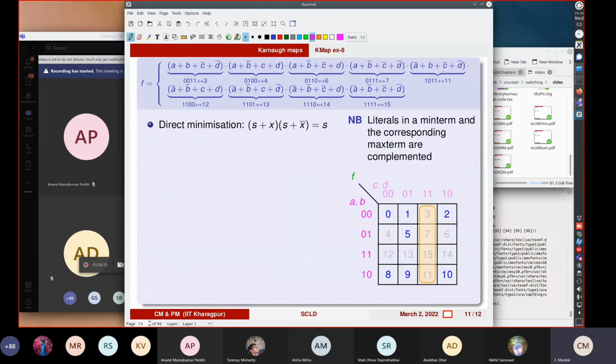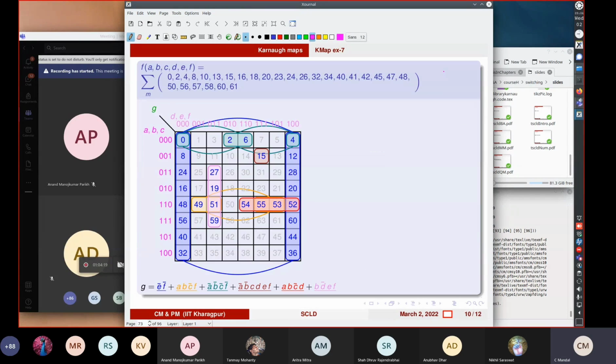All right. So you have seen examples of using Carnot maps up to 6 variables. Of course, you can take it to 7 variables, but that just makes it more and more difficult.